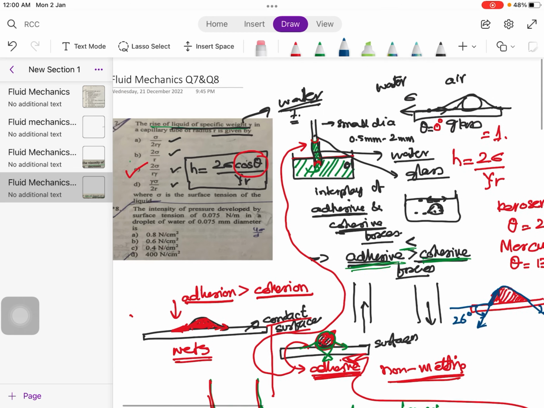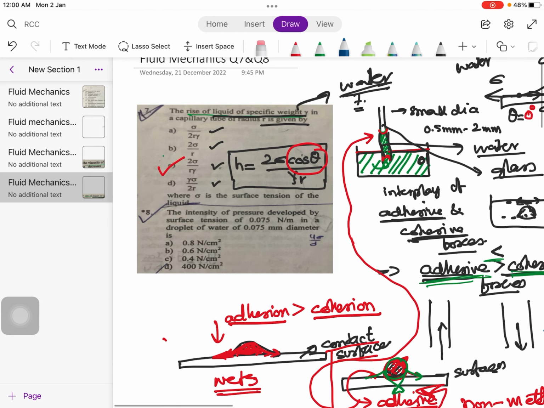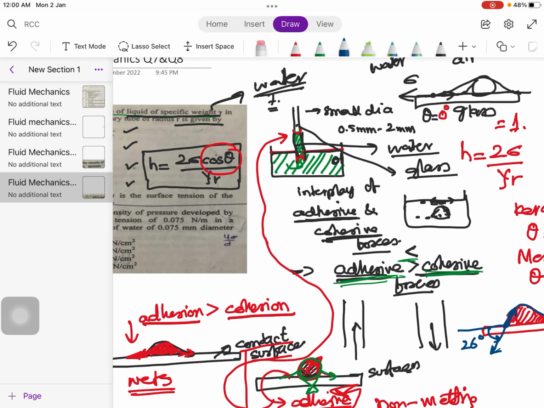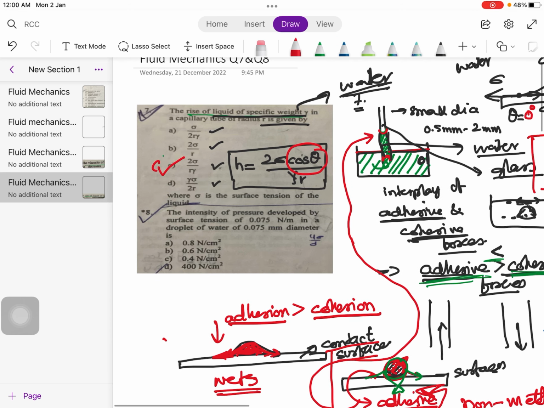And since there is no mention of theta in this question, we could assume that this liquid in question could have been water, and hence the rise would be given as 2 sigma upon gamma r. Therefore, the right option is C.